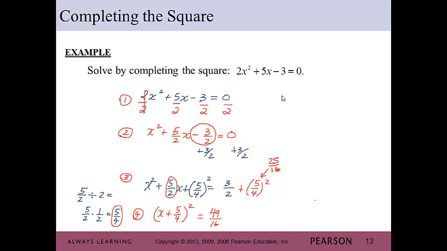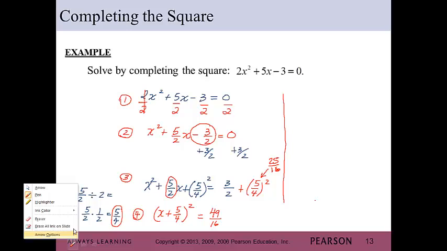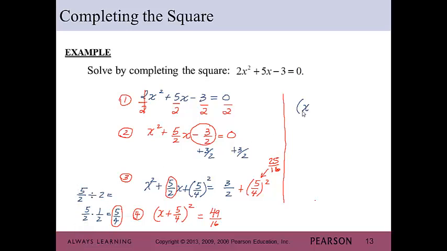So then step 5 was to solve using the square root property. So we have x plus 5 over 4, whole thing squared, equals 49 divided by 16. We're going to take the square root on both sides.